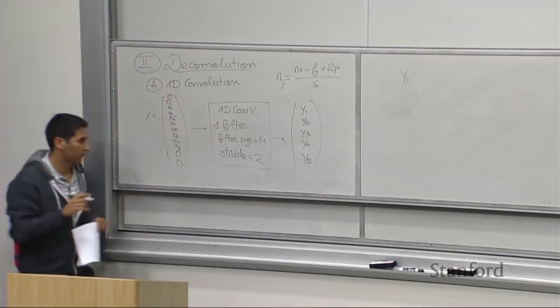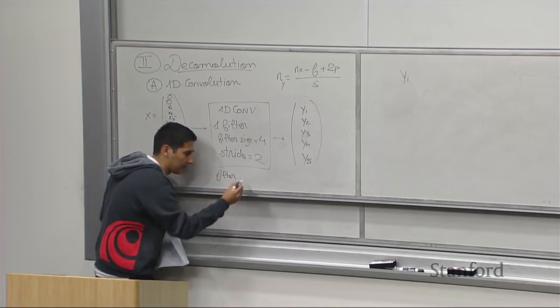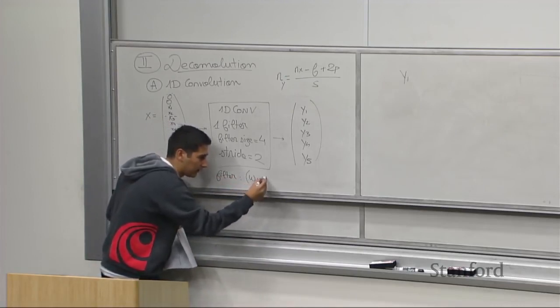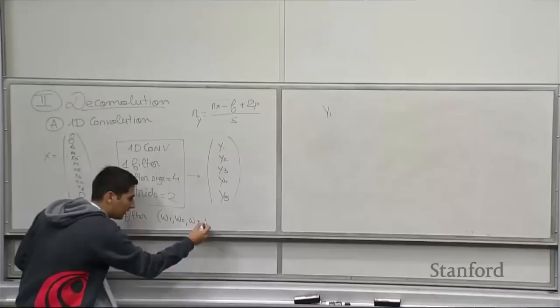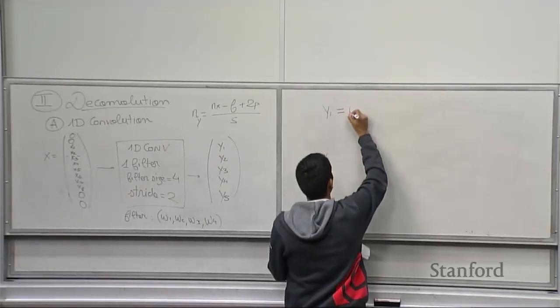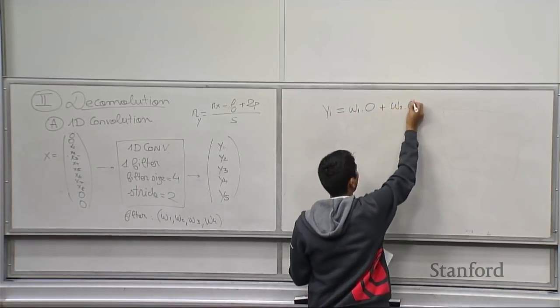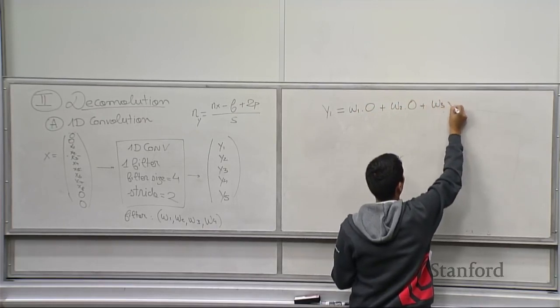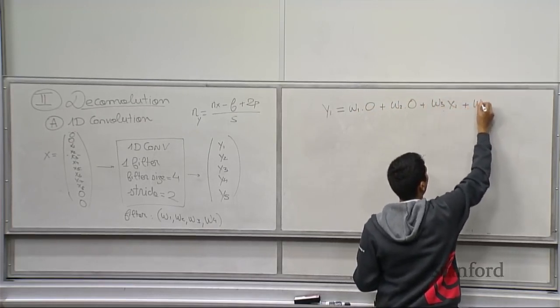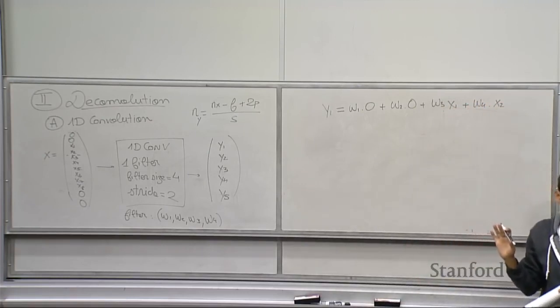If I define my filter as w1, w2, w3, and w4, then y1 equals w1 times 0 plus w2 times 0 plus w3 times x1 plus w4 times x2. This makes sense? Just a convolution: element-wise operation, and then sum all of it.